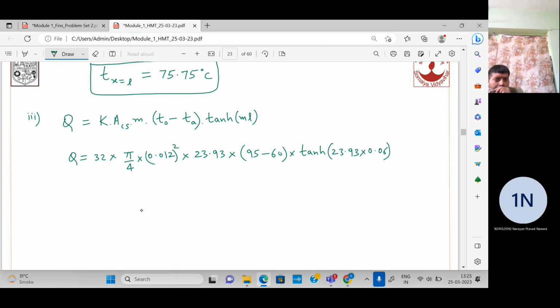So we have put all the values. Just calculate this. So the calculated value of Q is 2.7 and the unit is watt. So this is the heat dissipation. So we have solved the problem.